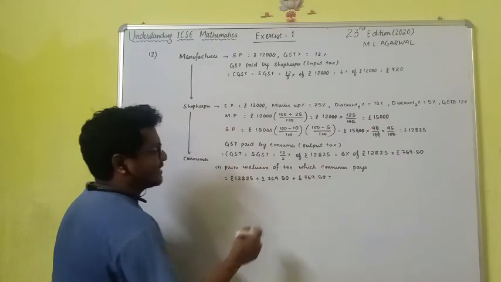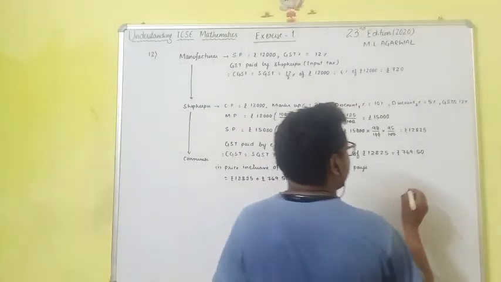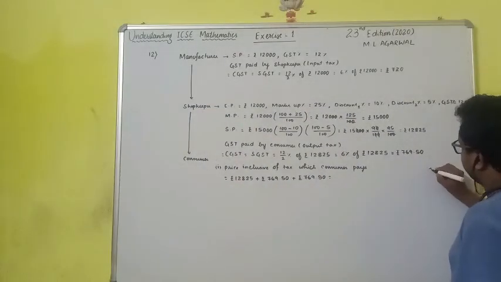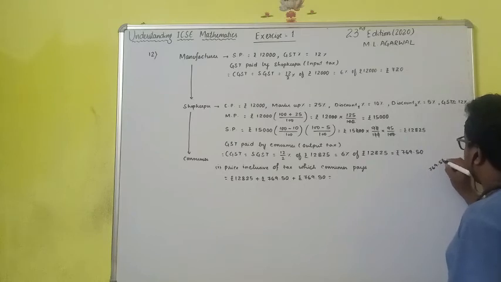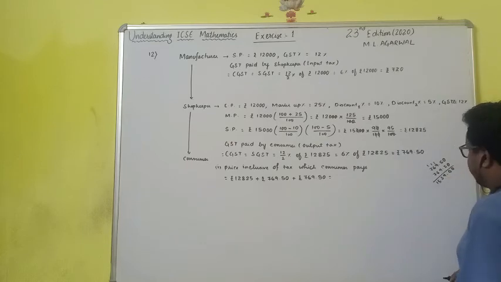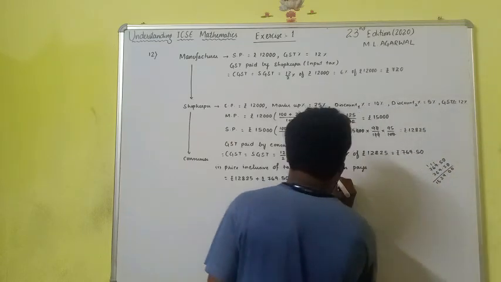Both SGST and CGST have to be paid. That's why 769.50 plus 769.50 will be equal to 1539.